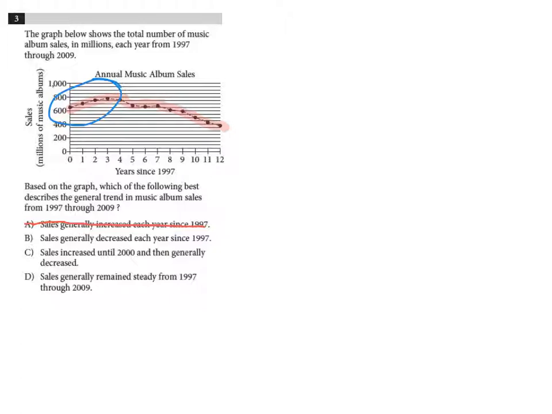So I'm not going to select that one either. C, sales increased until 2000, then generally decreased after that, and that sort of looks like what we were describing from the graph. And D, sales generally remain steady. Steady would be a horizontal line, so that's not going to be it. Our answer is going to be C.